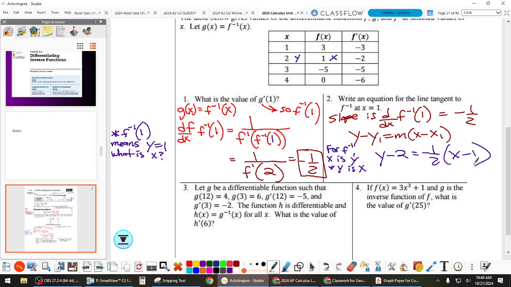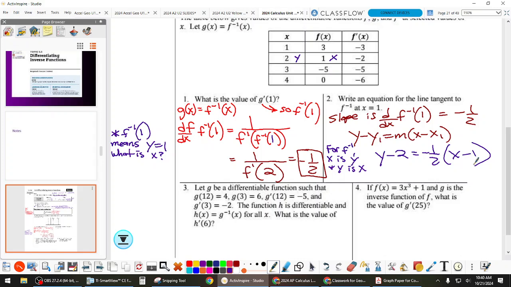Kind of. Why isn't it the one at the top though? At x equals 1, technically that's still at x equals 1, but your inverse would just be flipped. You have to find where your y value is 1.